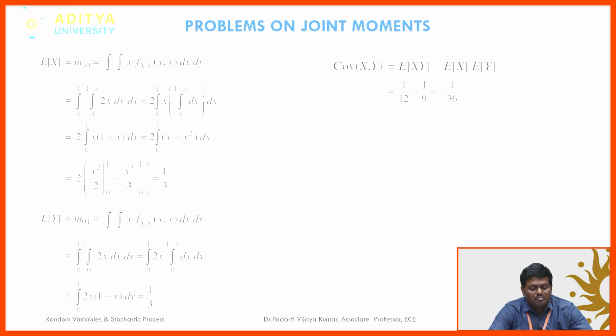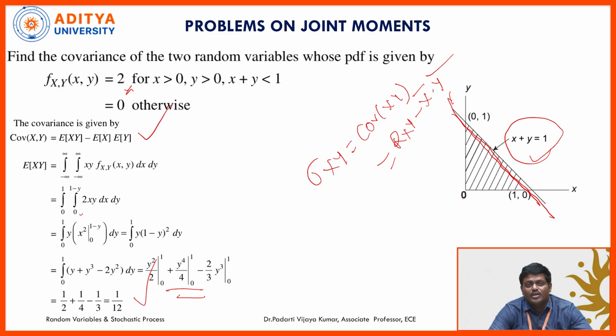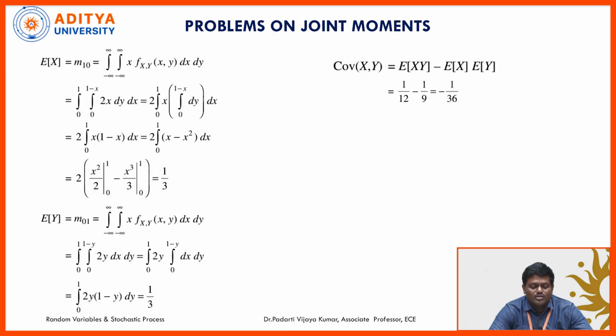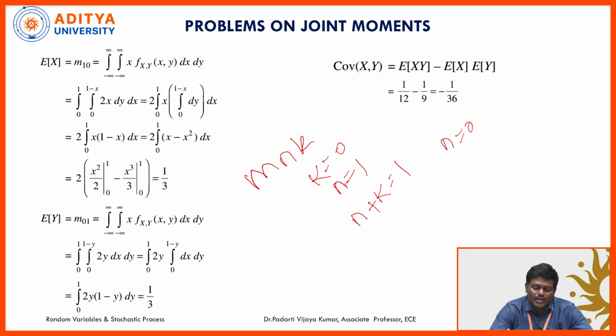Next, in order to compute the covariance, E of x and E of y are required. To compute E of x, that is m10, in m n k, I need to replace k with 0, n is equal to 1. This is also called the first order moment, n plus k is equal to 1. Similarly, when n is equal to 0, k is equal to 1, again the order is 1.